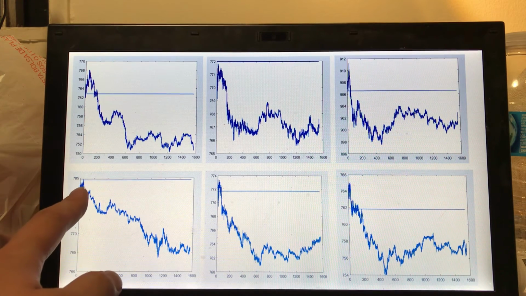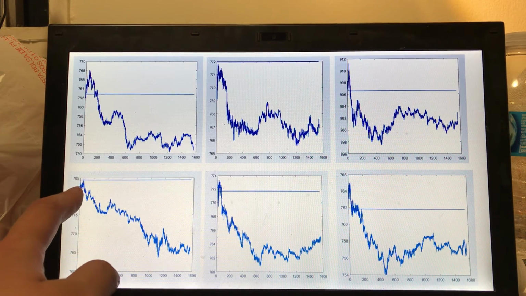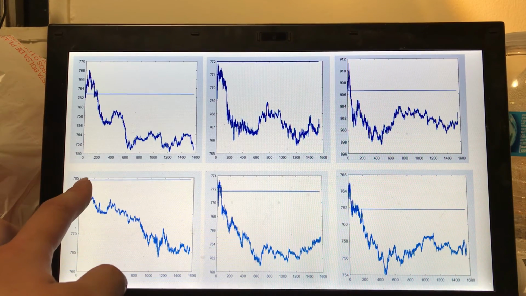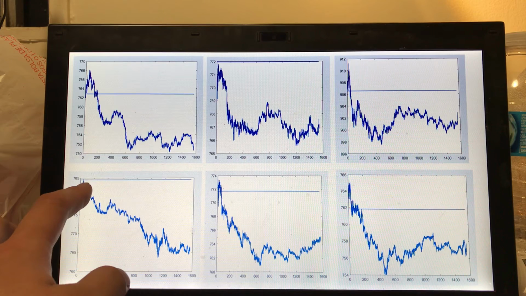Especially if it opens a little bit below the previous day's closing price, goes up to the previous day's closing price for maybe several seconds or 1 minute or so, then drops back to its opening price and lower.